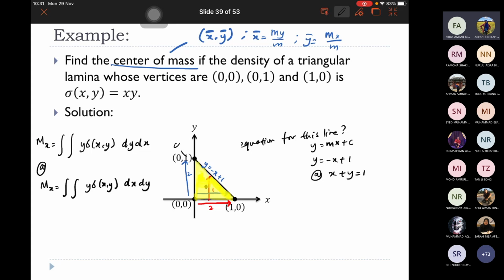So cuba dapatkan apa boundary dia. Yang color biru untuk dx dy. Yang color merah untuk dy dx. Yang ini chapter 2, double integral.